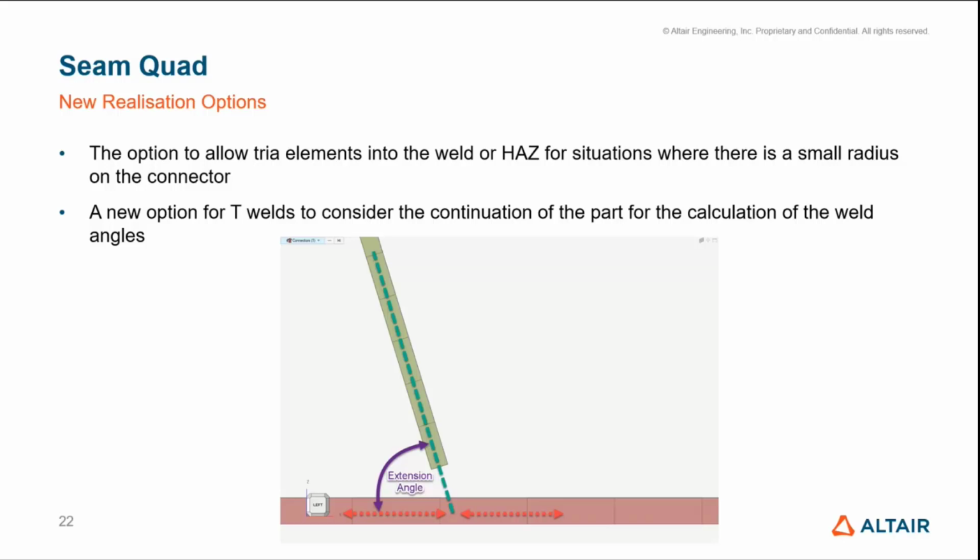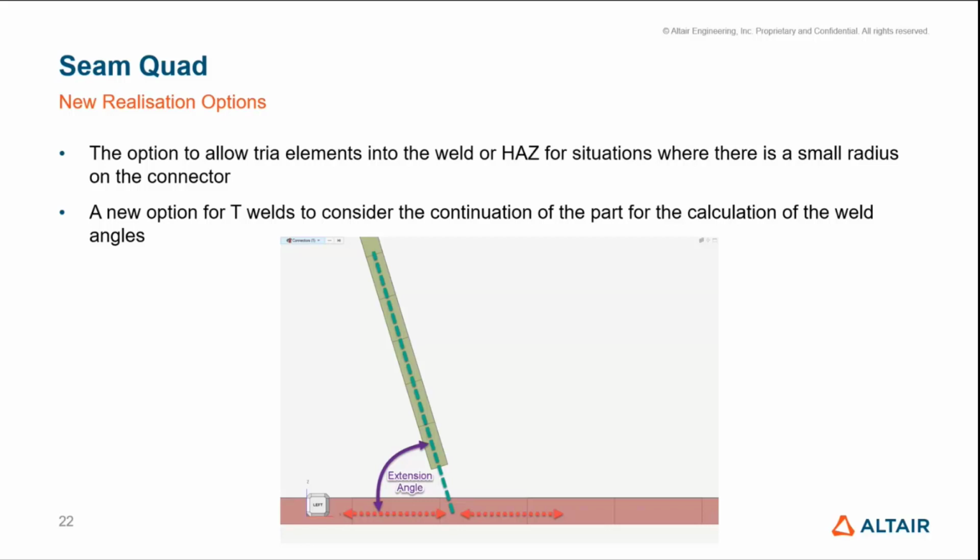The next option that we've added is what we've called the extension angle. It allows the continuation of the part to be considered from a projection methodology rather than dropping an angle straight down. At the end of the part, we consider the continuation and then calculate the angle based off the continuation of that part.